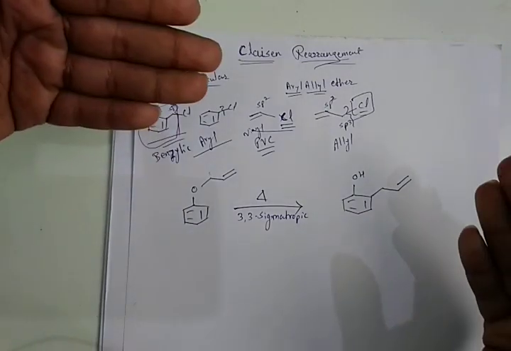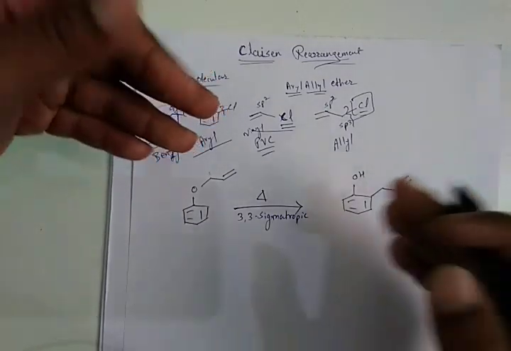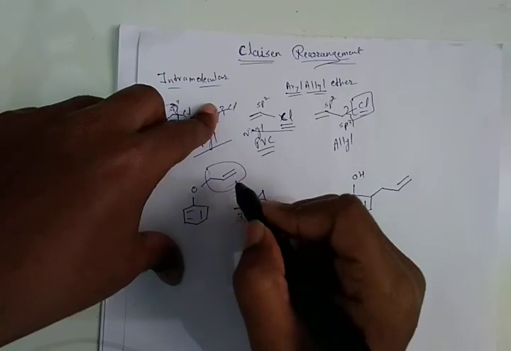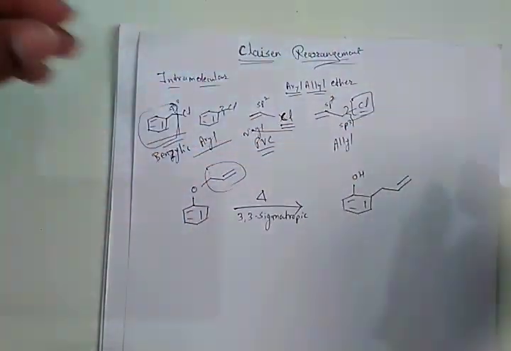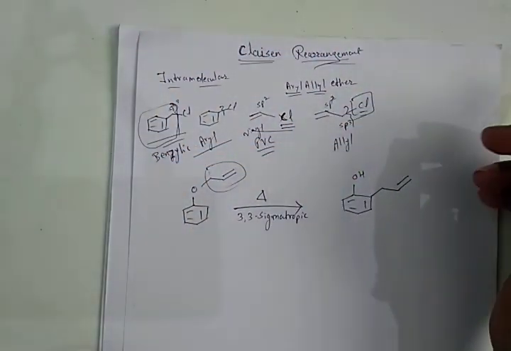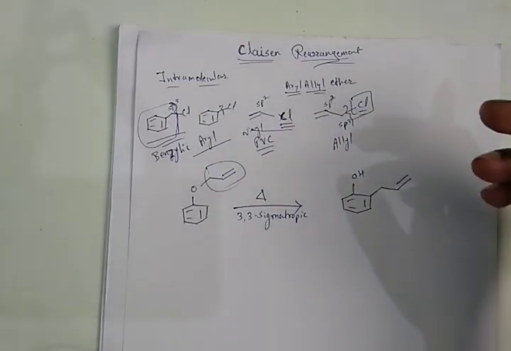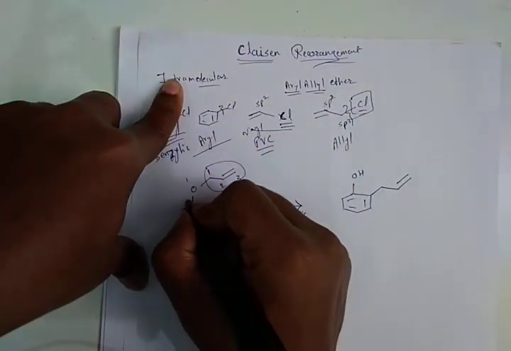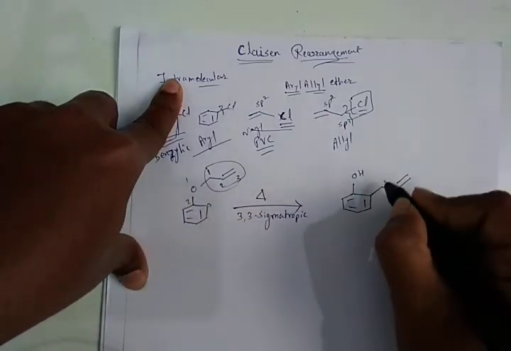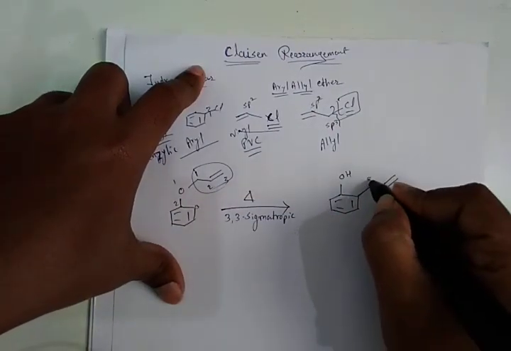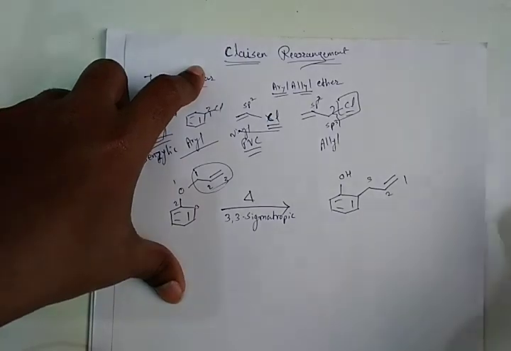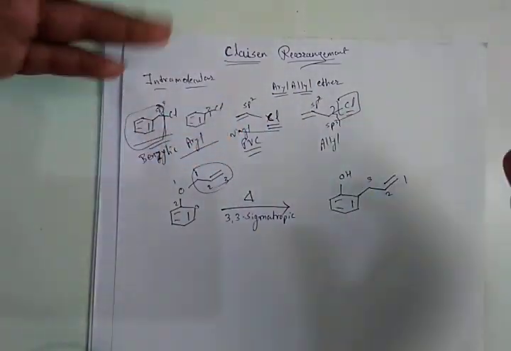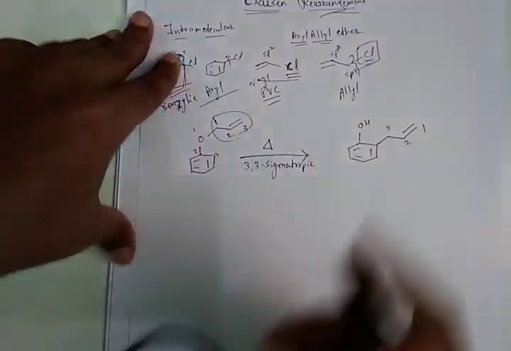Now just looking at the product, one might say you just pick up this group and join it at the ortho position of the benzene ring. But guys, if you number 1, 2 and 3, in the product you are getting the reverse sequence of your allyl group. Why it is so, we'll see in the mechanism.